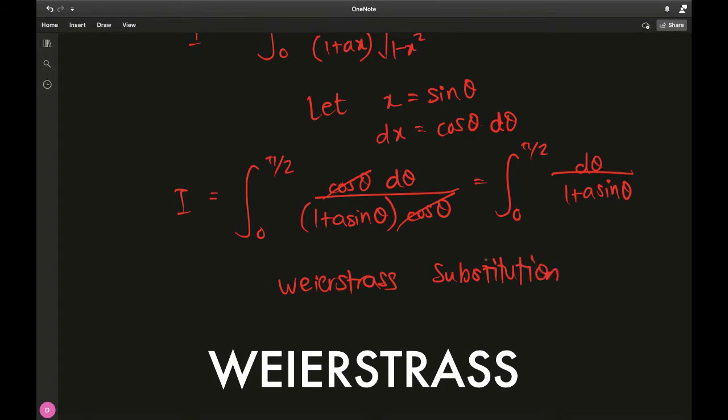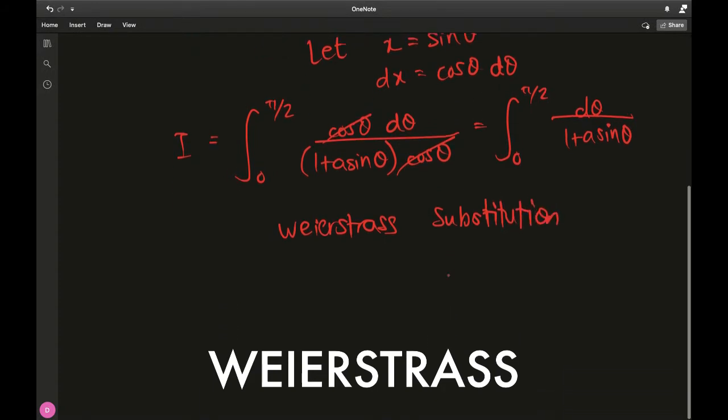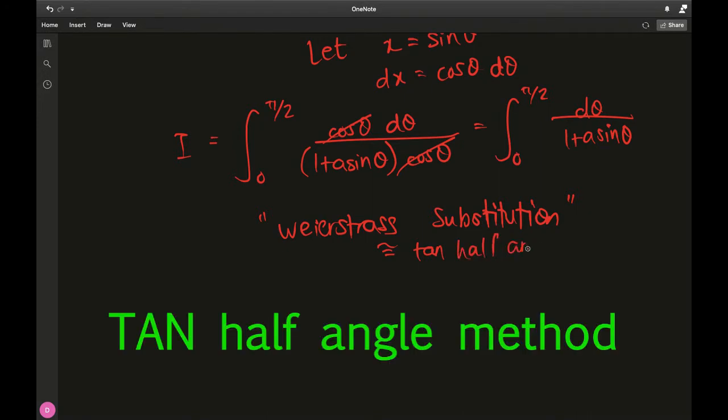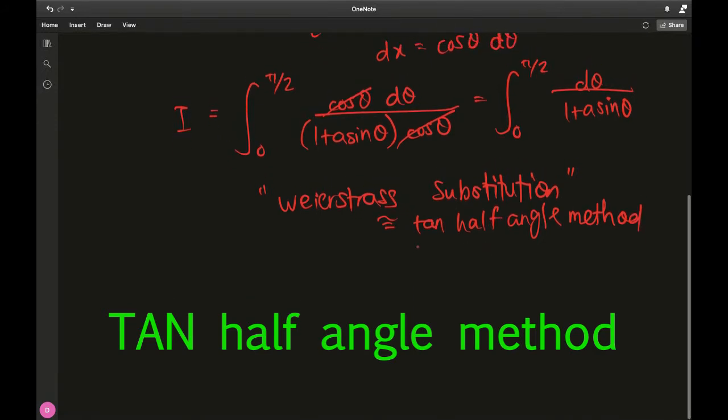And those of you who aren't formally trained with calling the tan half angle formula something else, know that the Weierstrass substitution is actually the same as the tan half angle method. I just learned about calling the tan half angle method the Weierstrass substitution like last year or something.